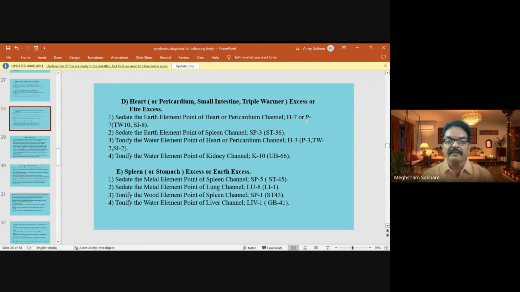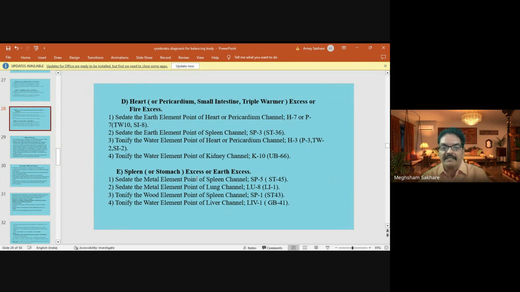Sedate the earth element point of the spleen channel, SP3 or stomach 36. Then tonify the water element point of heart and pericardium channel or TW or SI channel. Tonify the water element point of the kidney channel, K10 or UB66.